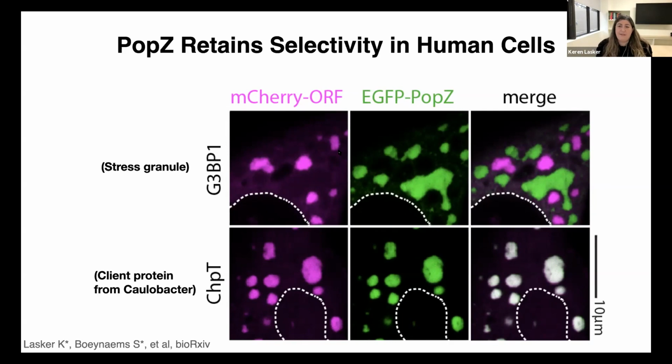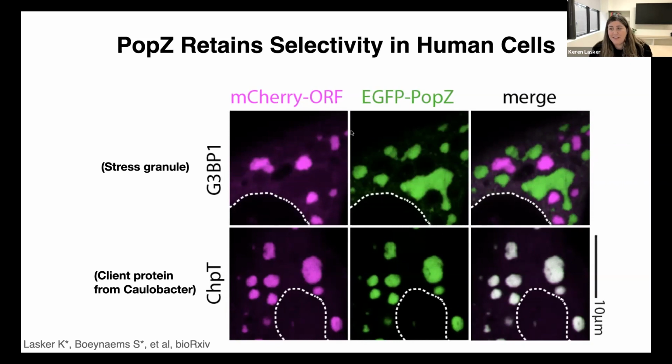So first of all, POP-Z phase separates separately from stress granules. But if we were to express the cytosolic ChpT protein from Caulobacter in U2OS cells, it is immediately recruited into the POP-Z droplets.